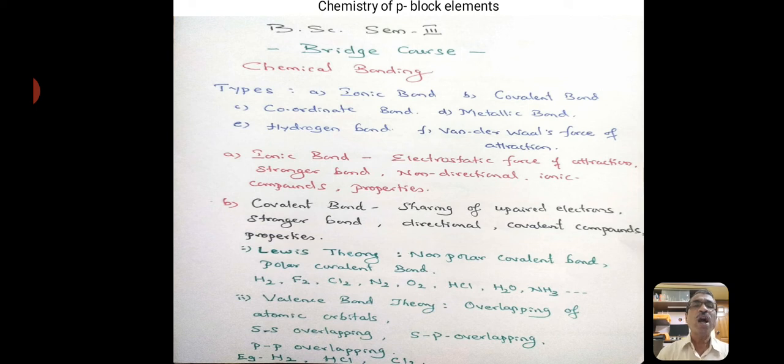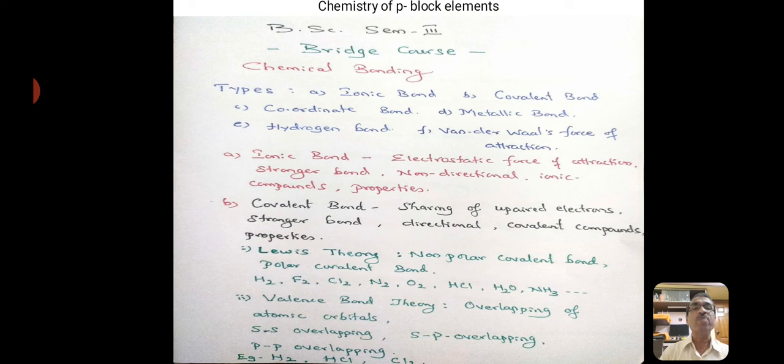Next comes another theory called the valence bond theory. According to this theory, a covalent bond is formed by overlapping of atomic orbitals. So we have s-s overlapping, s-p overlapping, and p-p overlapping. The covalent bond formed by overlapping of s and s orbitals is called s-s overlapping.